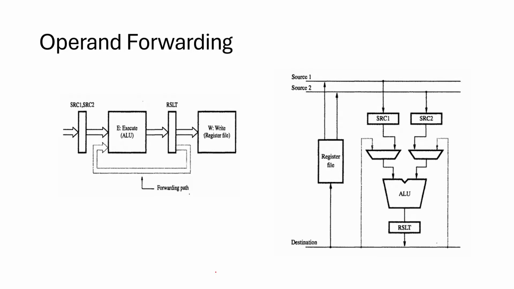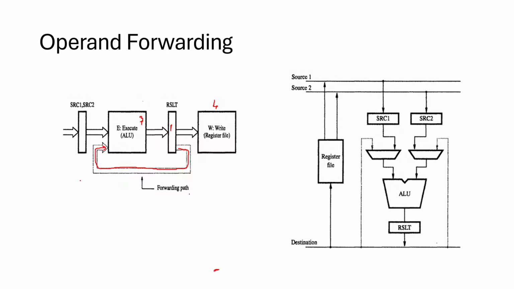In operand forwarding, after executing the instruction, at the end of the third clock cycle, the results are available in the intermediate buffer. In the fourth clock cycle only, it will be written to the register or a memory location. So here we have one more path called the forwarding path.